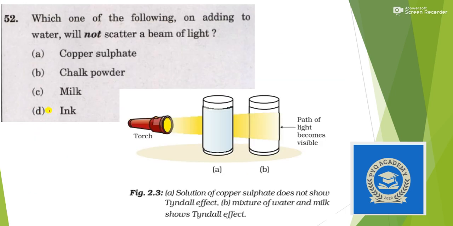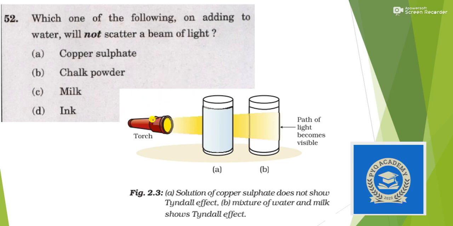Next question: which one of the following on adding to water will not scatter a beam of light? Anything which scatters a beam of light must be a colloidal solution, or it will show the Tyndall effect.